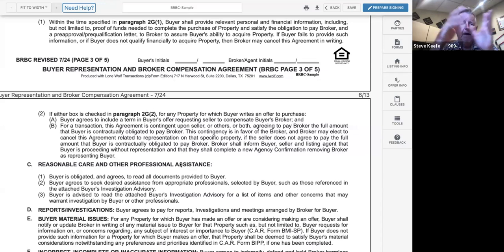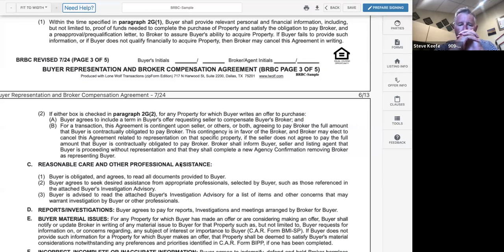And if the seller will not agree, or you cannot come to terms, which I think is pretty unlikely, but if that were the case, it gives the authorization for the buyer's agent to include a term requesting the compensation for the buyer's broker.